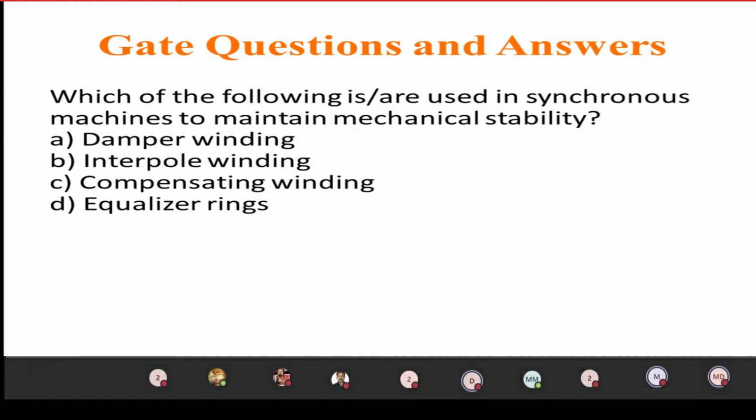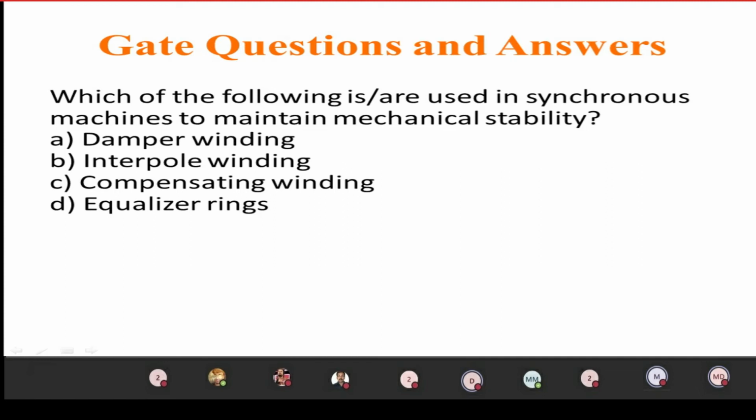The hunting effect is the instability in speed due to a sudden change in load. For example, in a synchronous generator, if you add a sudden load at the terminal, the speed will oscillate for a time.